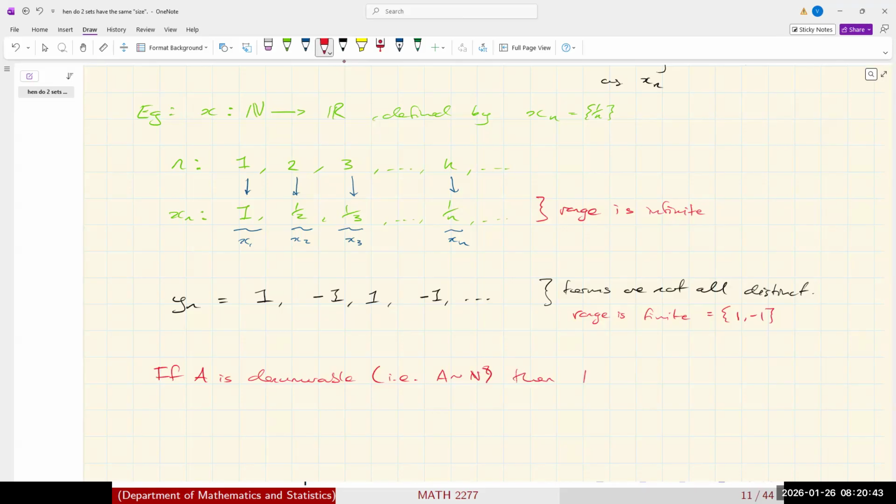Then the elements of A can be written as a distinct sequence.